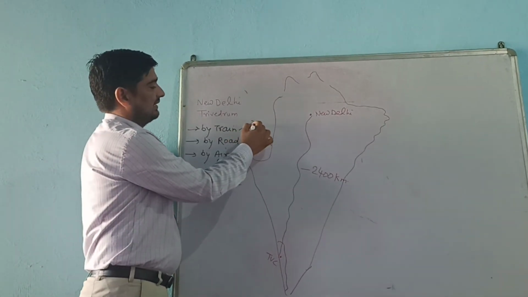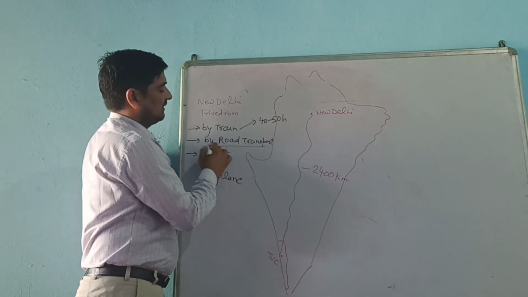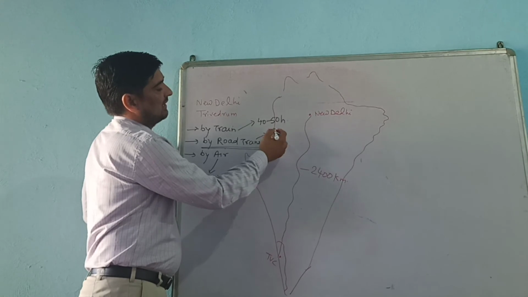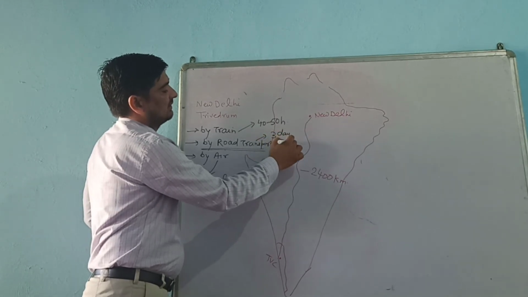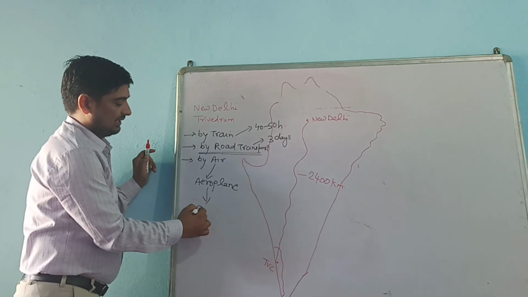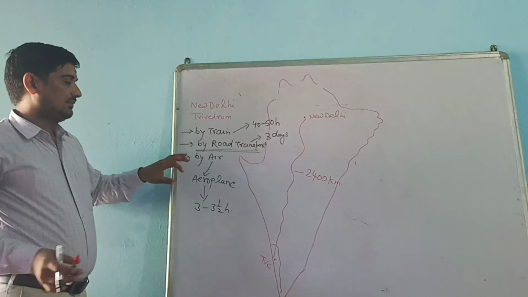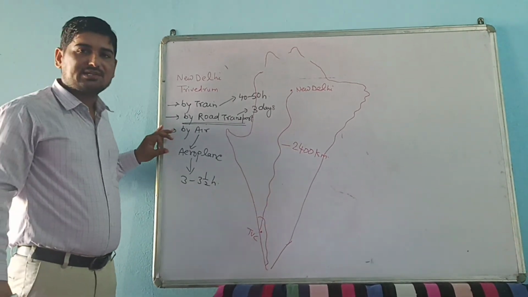If you are going by train, it may take 40 to 50 hours. If you are going by road, it will take more than 2.5, or you can say 3 to 4 days. Or if you are going by air, it will take 3 to 3.5 hours only. So we can relate: when I am going by air, it is the fastest means of transport.